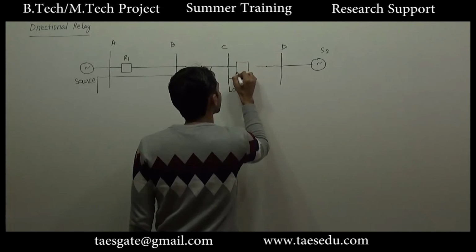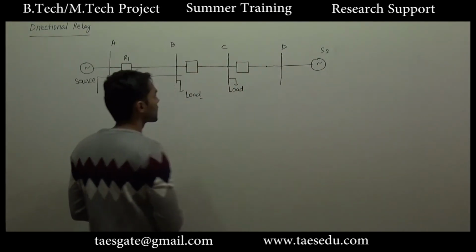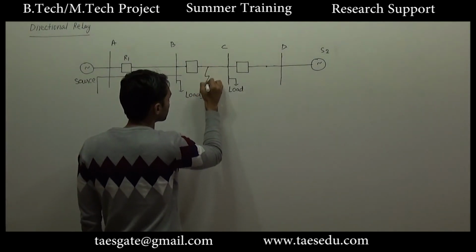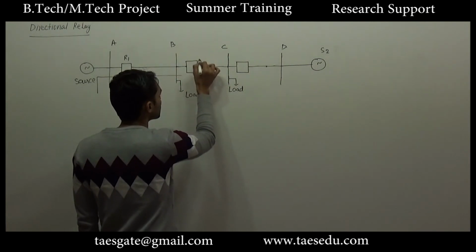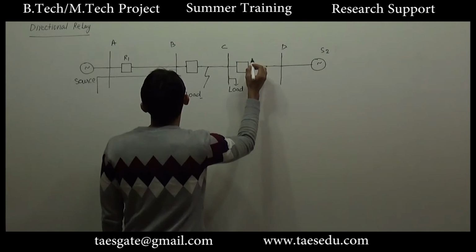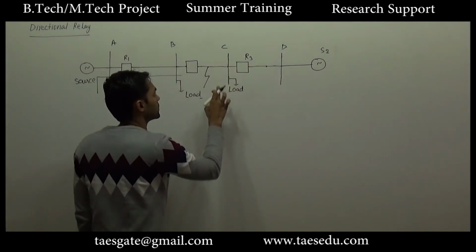Let us connect the relay again. So what can be the possible solution? If the fault is at this point, this relay should operate, and for this type of fault current, instead of relay R3, there should be a relay at this point which should operate.